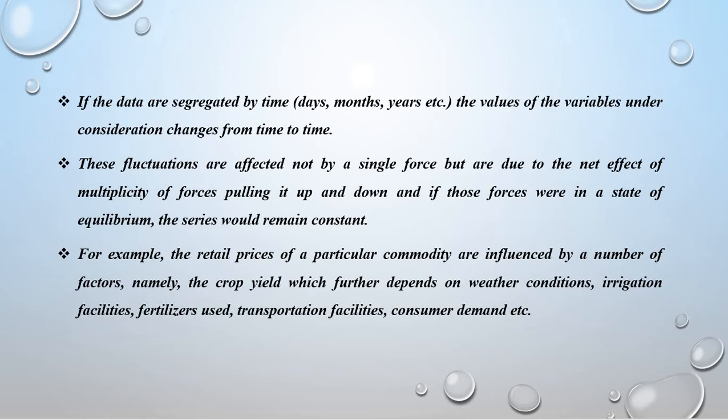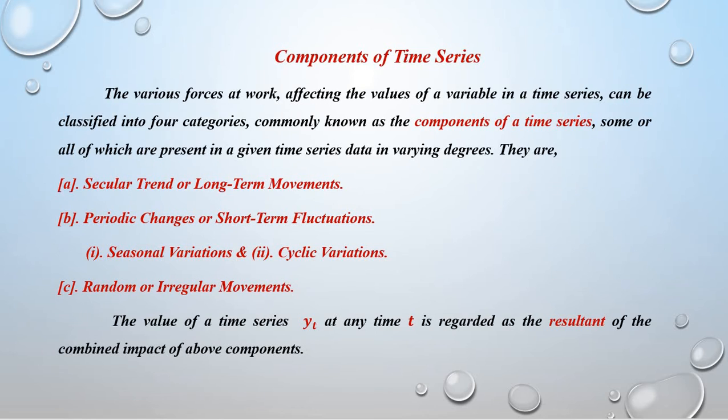For example, the retail prices of a particular commodity are influenced by a number of factors, namely the crop yield, which further depends on weather conditions, irrigation, fertilizer used, transportation facilities, consumer demand, and so on.